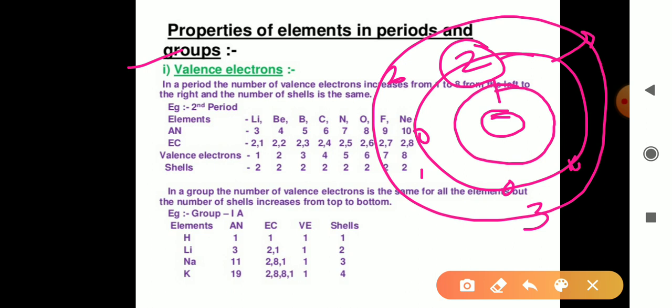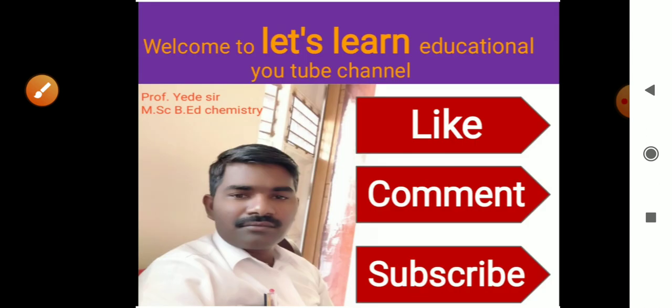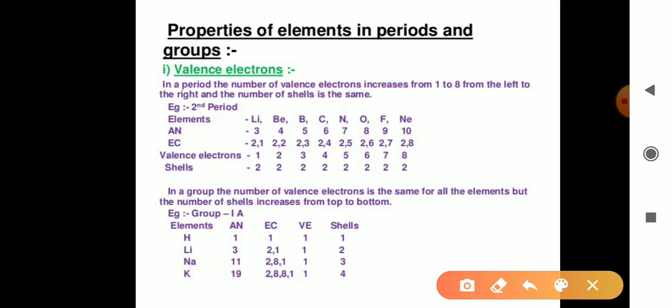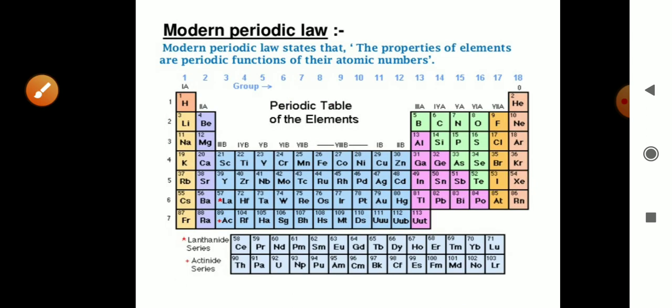Now see the topic, valence electrons. In a period the number of valence electrons increases from 1 to 8 from left to right, and the number of shells is the same. Now we have to study this concept, valence electrons across the period and across the group. We have seen the periodic table also. So this is the periodic table.